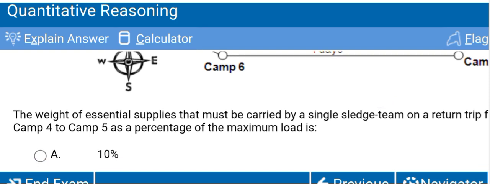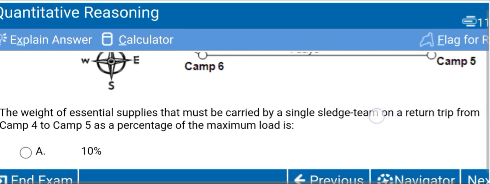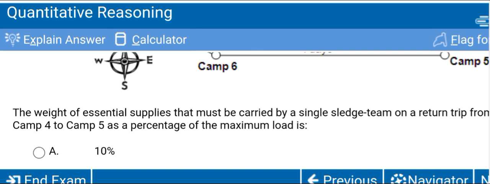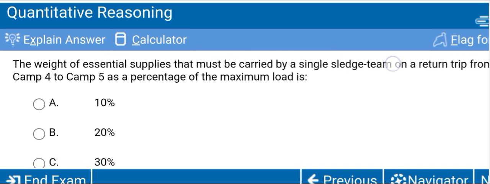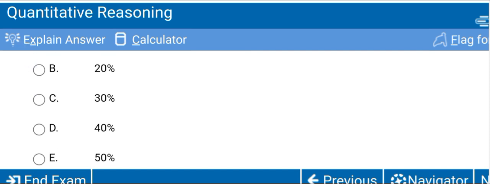The question is: the weight of essential supplies that must be carried by a single sledge team on a return trip from camp 4 to camp 5, as a percentage of the maximum load, is: option A, 10%, option B, 20%, option C, 30%, option D, 40%, and option E, 50%.